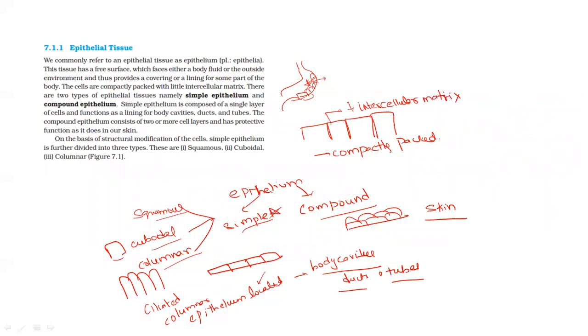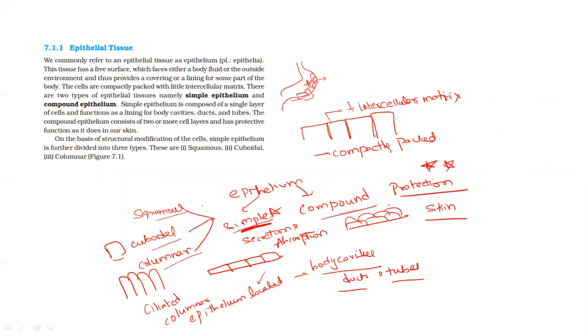Epithelium is of two types: simple epithelium and compound epithelium. The main function of simple epithelium is secretion and absorption, whereas the main function of compound epithelium is protection against chemical barriers and different things. So compound epithelium's main function is protection.